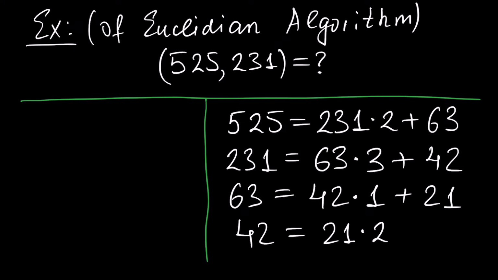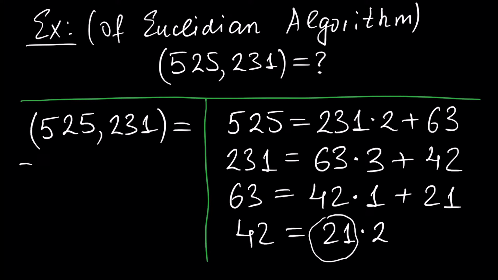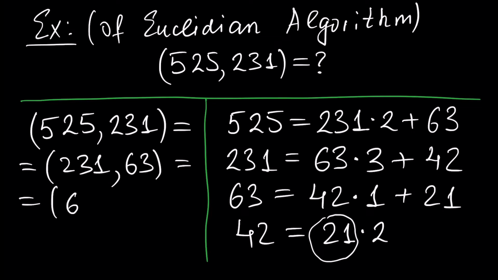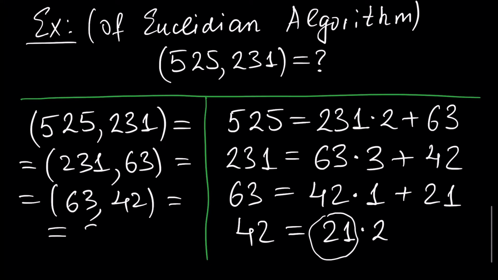And using our previous algorithm, we know that this number 21 will be the greatest common divisor of 525 and 231, because at the first step we will have that the greatest common divisor of these two numbers 525 and 231 is equal to the greatest common divisor of 231 and 63, and this is equal to the greatest common divisor of 63 and 42, and this is equal to 21.